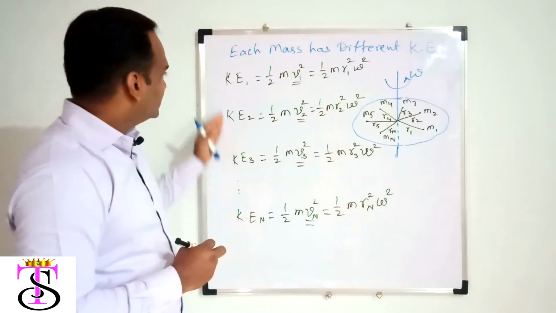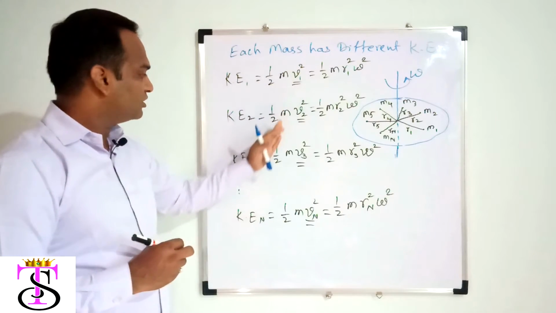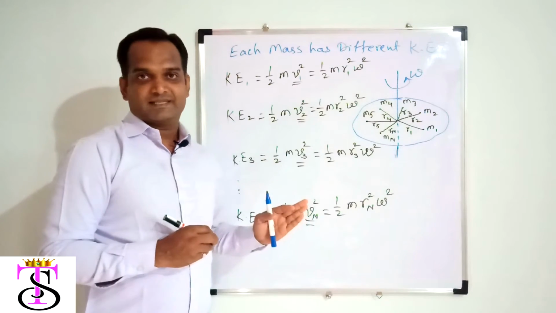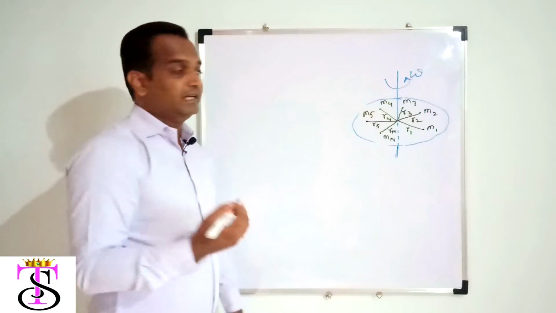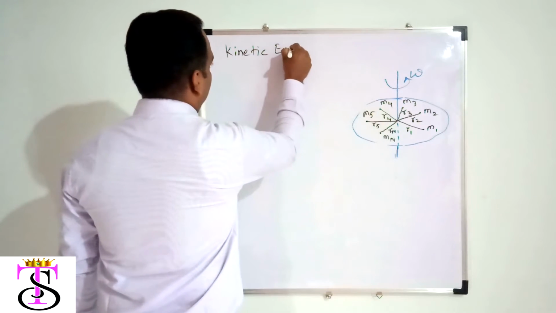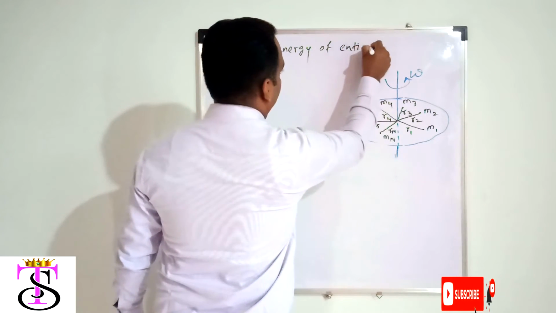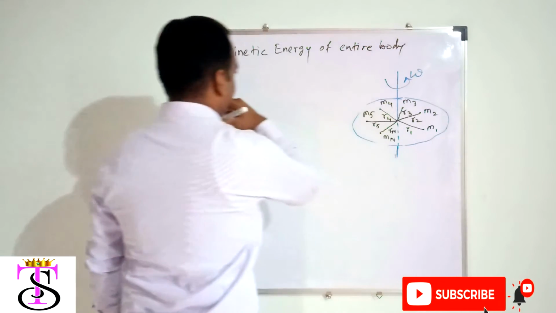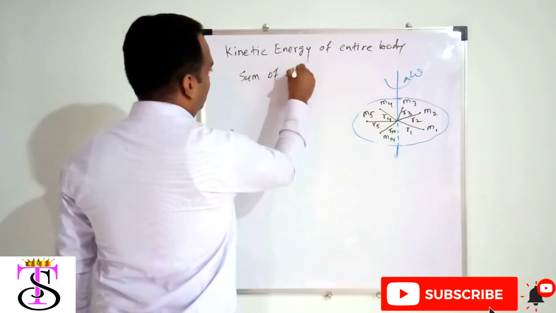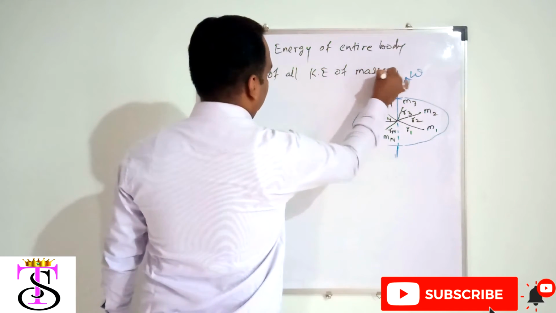So the total kinetic energy of the entire body is the summation of all these kinetic energies of the different masses. So the kinetic energy of the entire body is the sum of all kinetic energies of the masses.